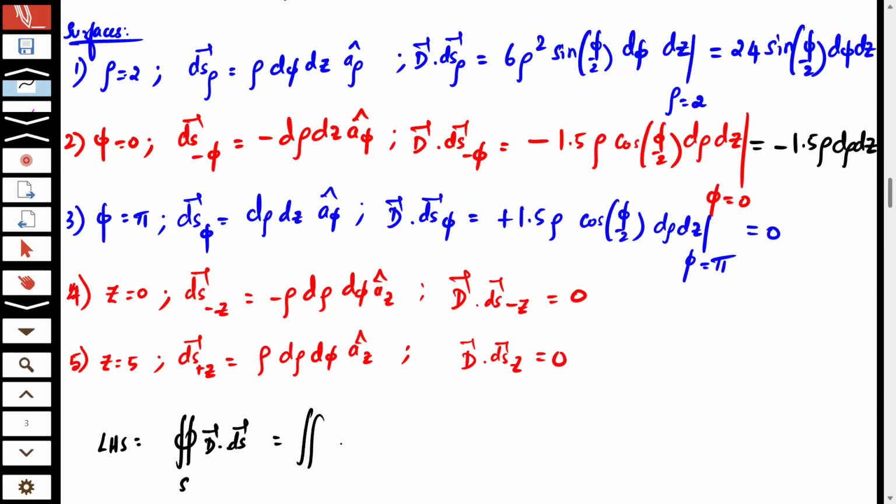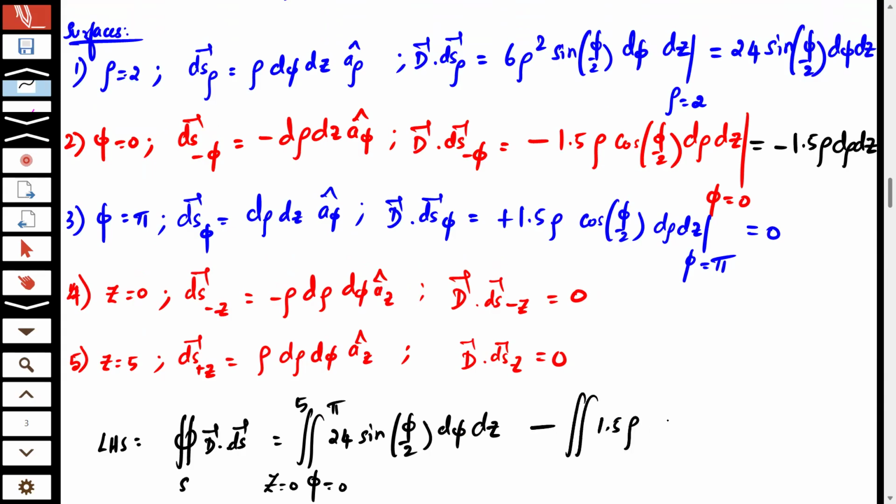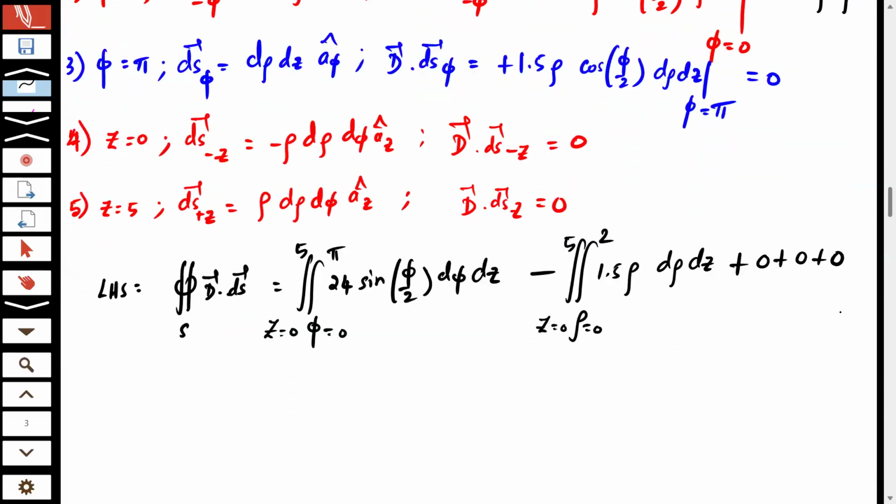I will write the value directly: 24 sine phi by 2 d phi dz, where the limits for phi are 0 to pi and z limits are 0 to 5. The second integration is minus 1.5 rho d rho dz, where limits for rho are 0 to 2 and z limits are 0 to 5. The other integrations have already become 0 because the dot products have become 0.